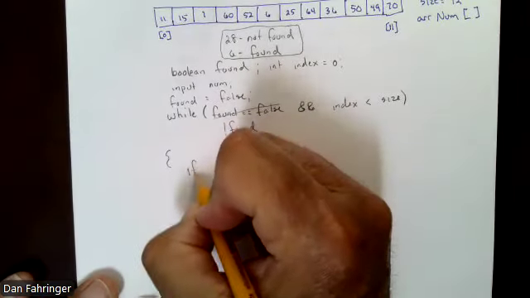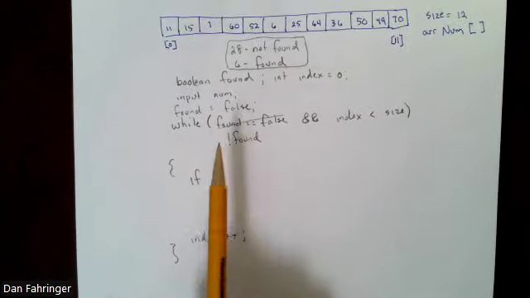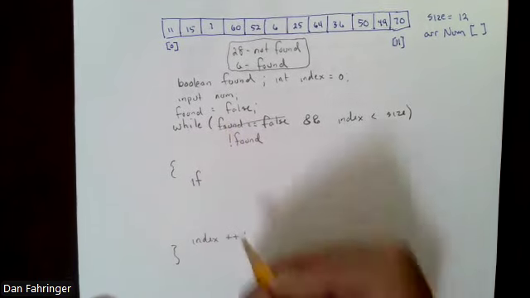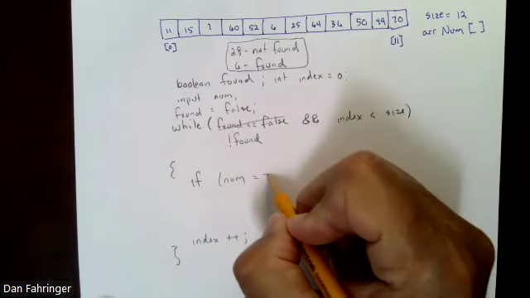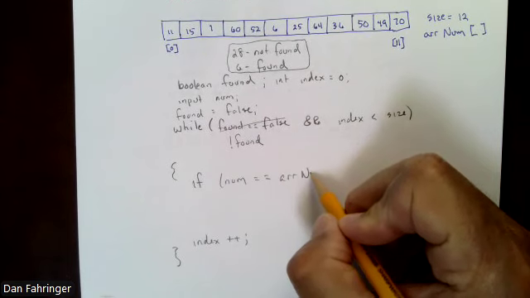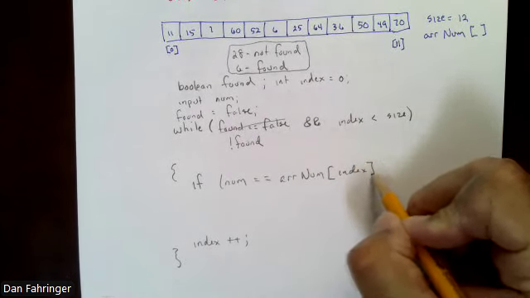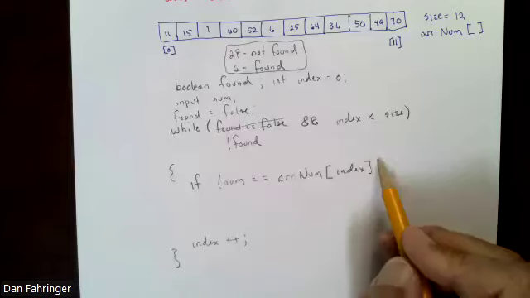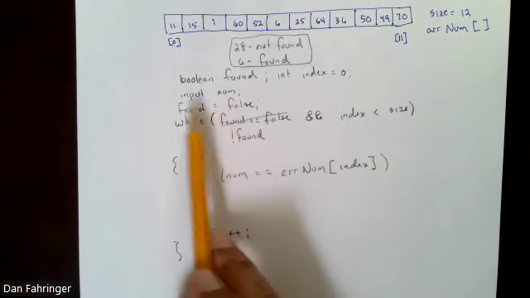What do I got here? If your index value is equal to the array element, got that. Here's the number I'm looking to see if it's found or not.